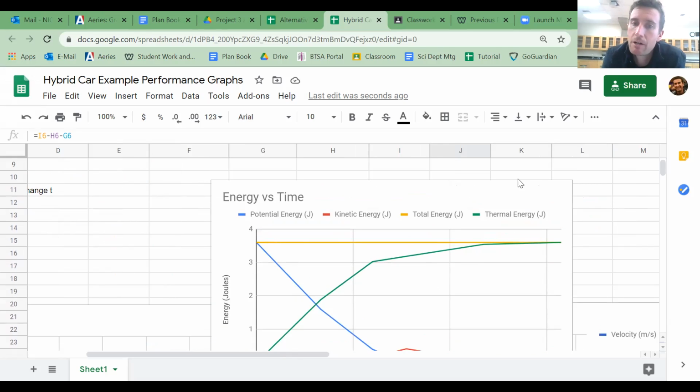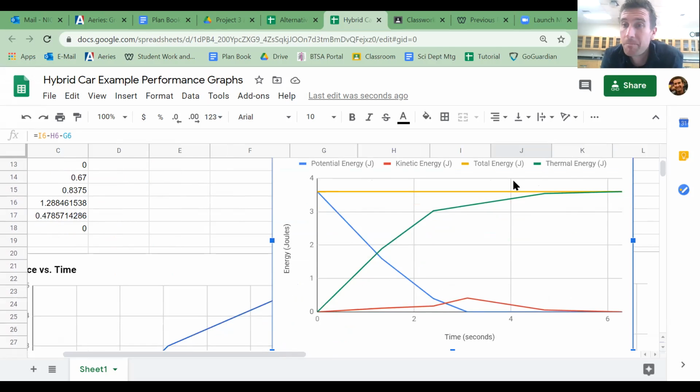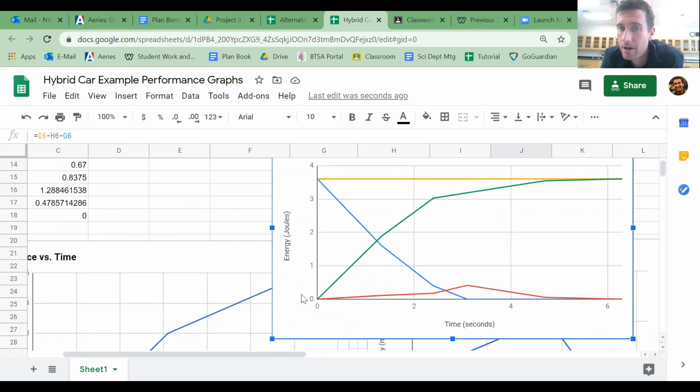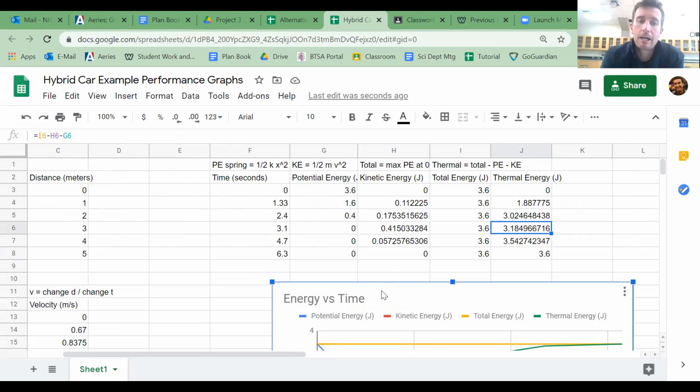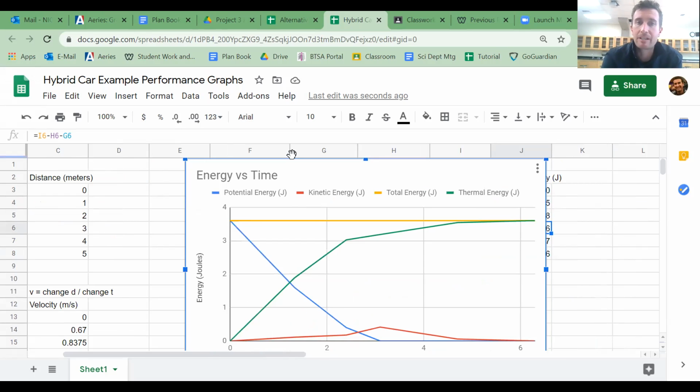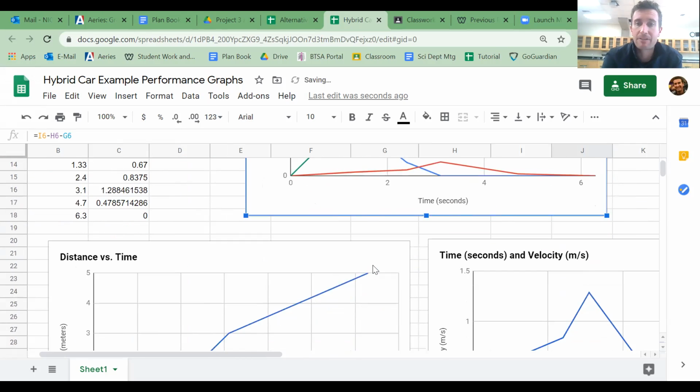So just as a general rule, your energy graph should look something like this. Potential goes down, kinetic stays relatively low. Thermal goes up, and total is a flat line at the top that's the same as your original potential in most cases. All right. Just so you can see, I've also graphed some other stuff here.